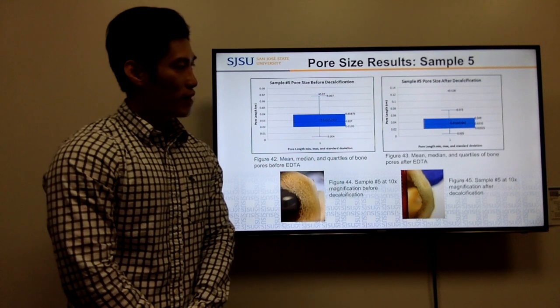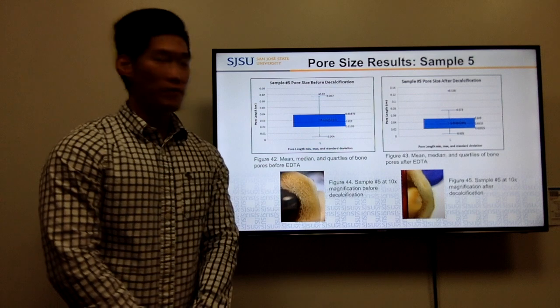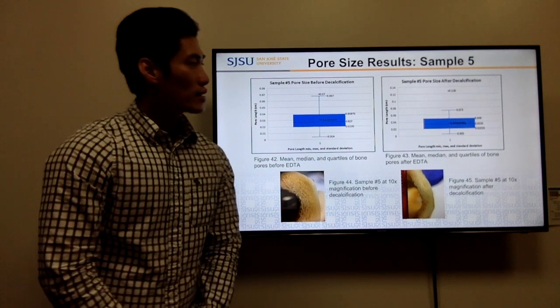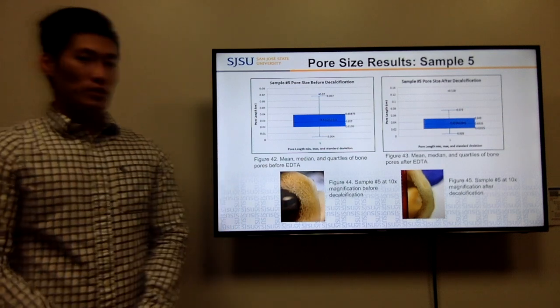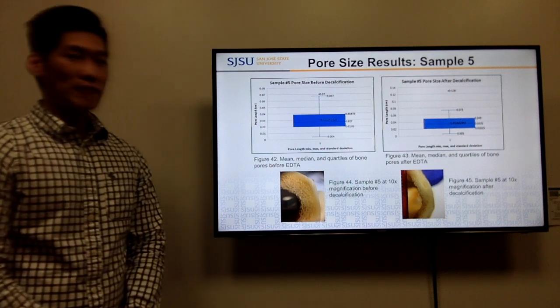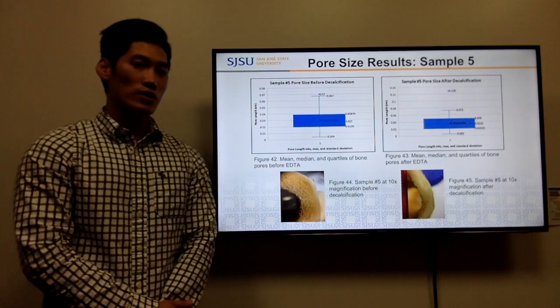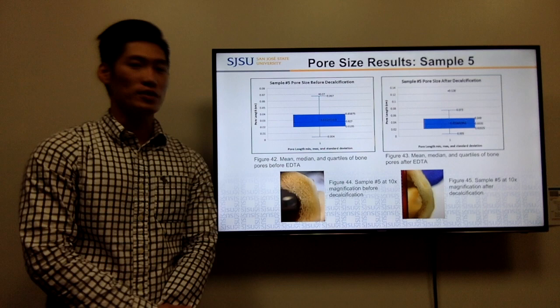Bone sample 5 has a pore length from the minimum 0.005 to 0.128 centimeter with the median at 0.0335 centimeter. So there's a significant increase in the pore size before and after decalcification. And figures 44 and 45 show the images of bone sample 5 before and after the decalcification process.